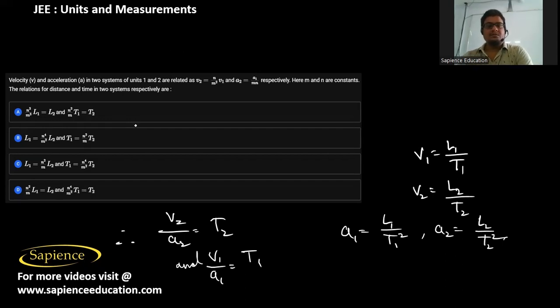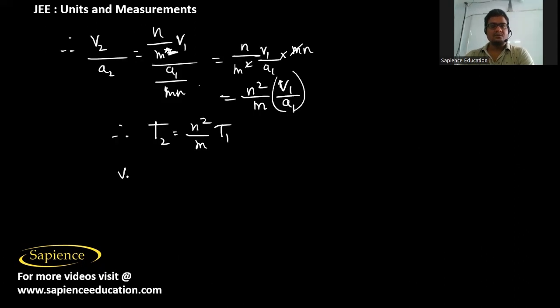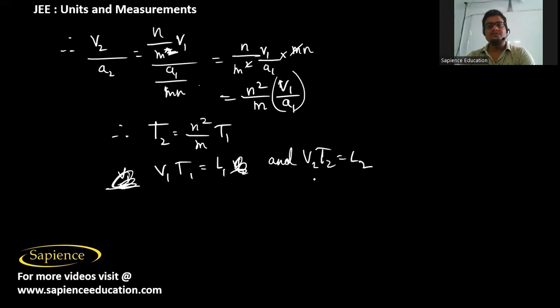Then we have to find out the relation of the length. As you know, v1 into T1 equals L1, and v2 into T2 equals L2.